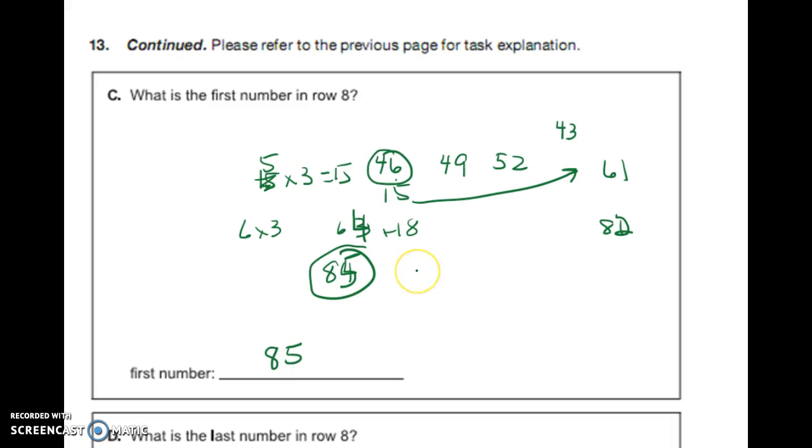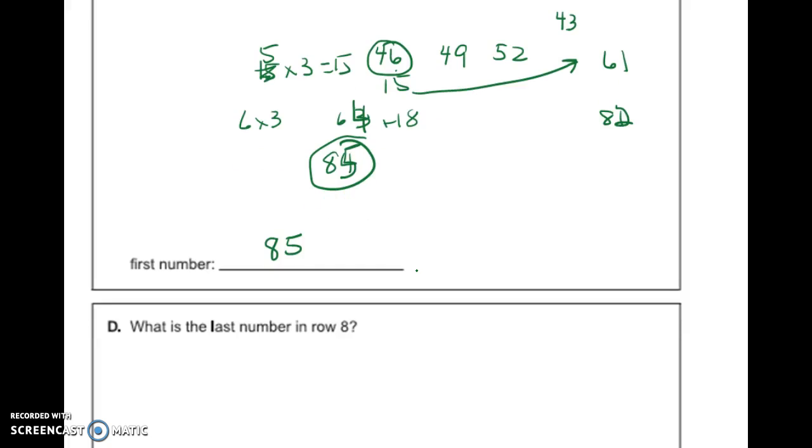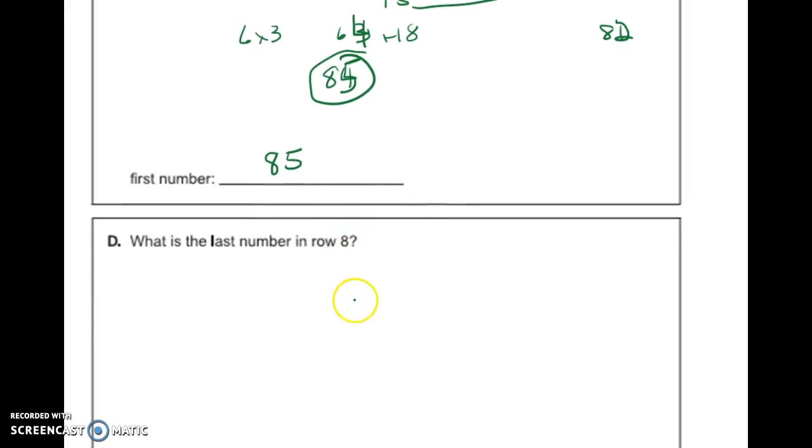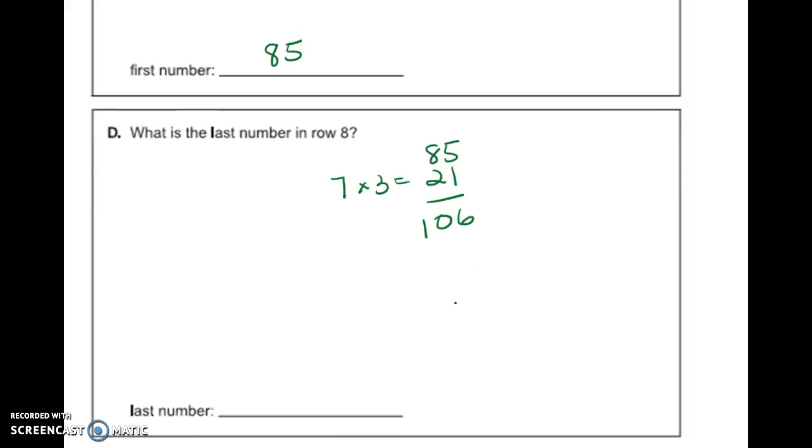And then the last number in row 8, we can use our formula. So 8 is 7 plus 1, right? So 7 times 3 gives us 21, and we add that to 85. So we get 106 as the last number in row 8.